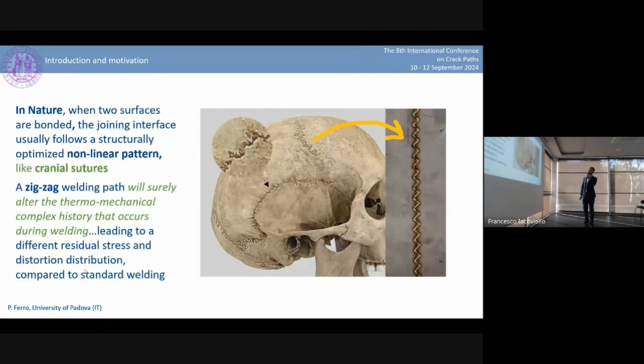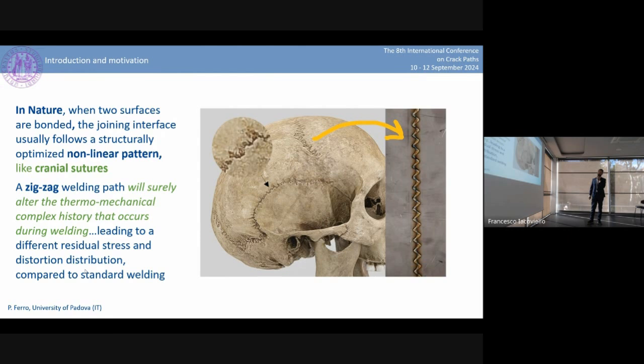So the idea is to imitate nature and to investigate the effect of a sort of bio-inspired or zigzag welding path on the performance of the joints that we obtain. In particular, in this work, we focused on the residual stresses and distortion.